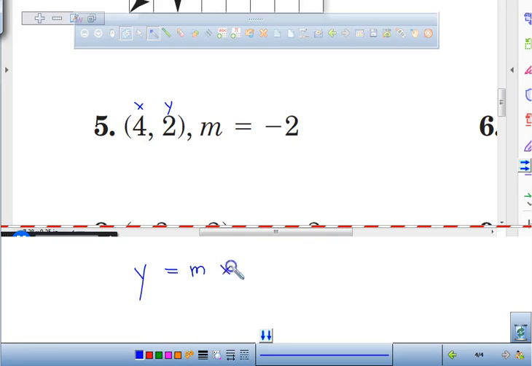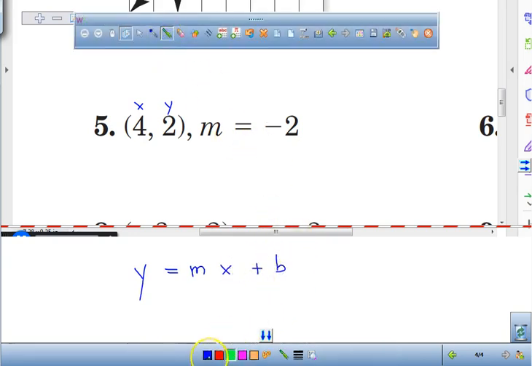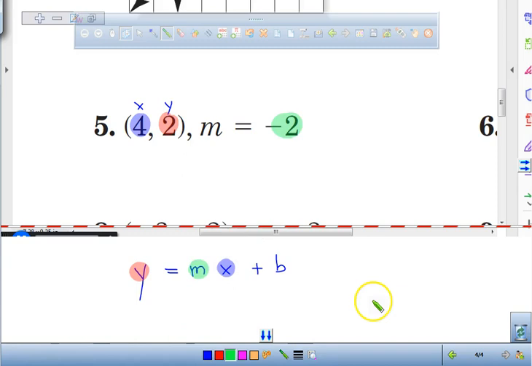We're going to use slope-intercept form to solve for our y-intercept. We're going to take the x value and plug it in there, take the y value and plug it in there, and take the slope right here and plug it in right here. Right, now that everything's set up.